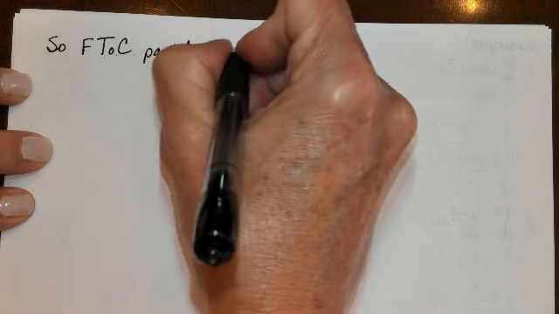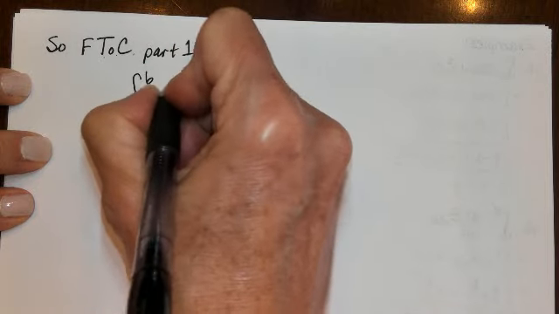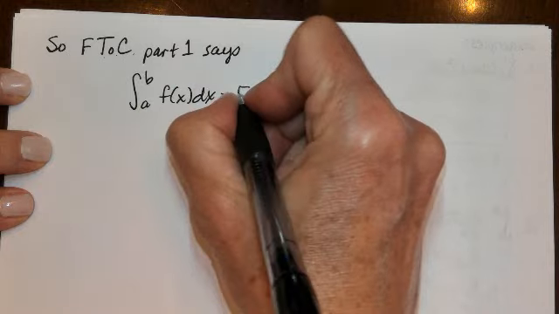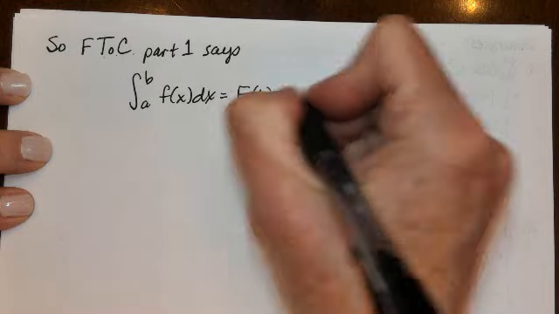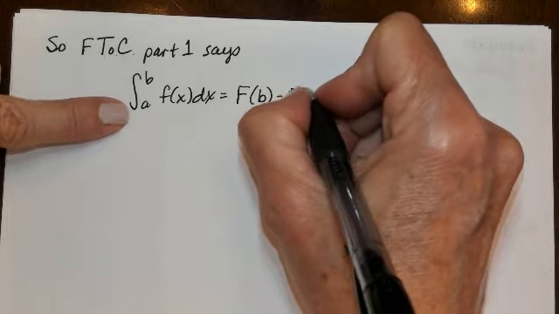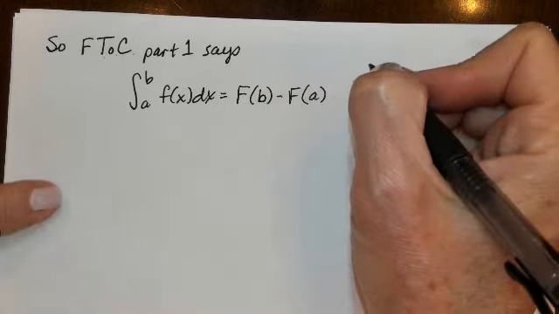Part 1 says that the integral from a to b of a function is the antiderivative evaluated at b, the top boundary, minus the antiderivative evaluated at a, the bottom boundary.